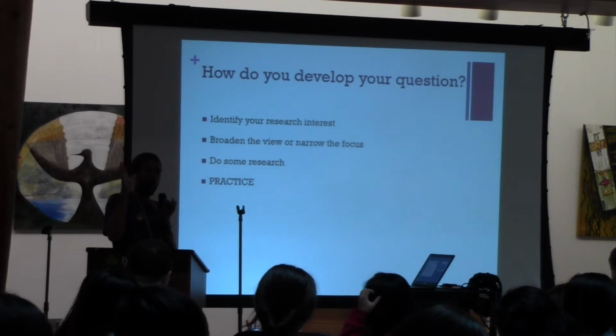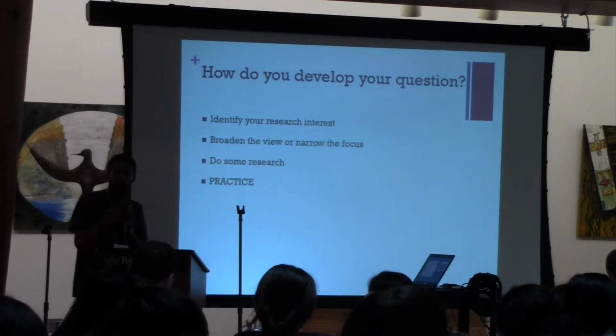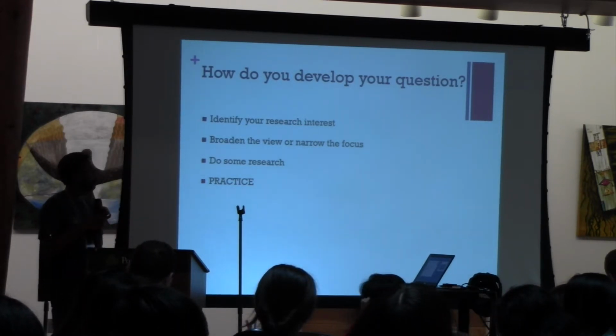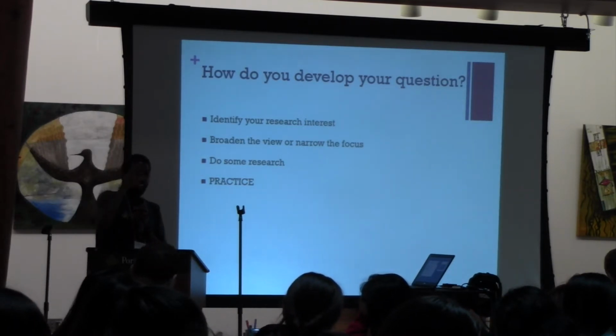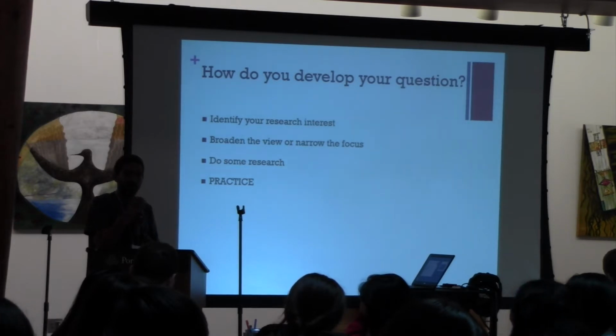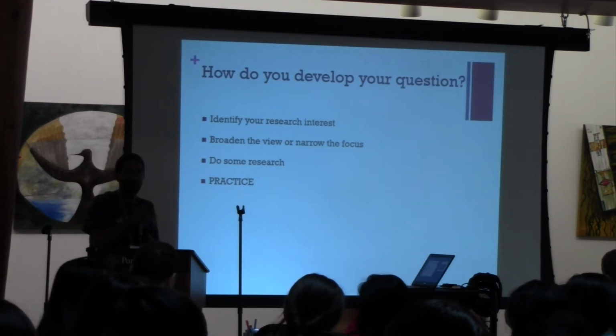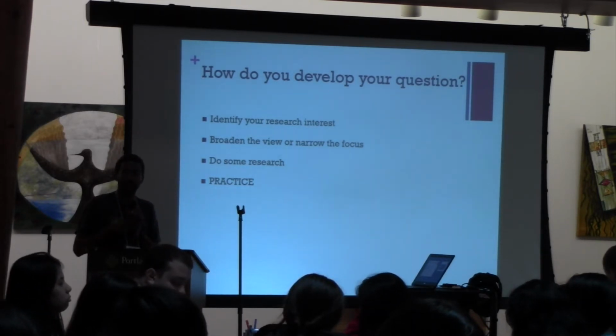You might have to broaden it before you get to your initial thought and question. In other cases, people have a really broad idea of what they're interested in, and then they have to take a little bit of time to narrow it down to something that the listener will be able to connect to.